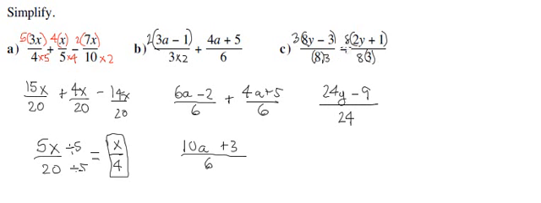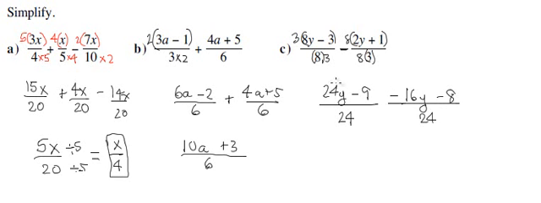Now, careful here. This minus applies to both of these pieces, so we have to distribute the negative through here. We get negative 8 times 2y is negative 16y. Negative 8 times 1 makes negative 8, and that's all over 24.